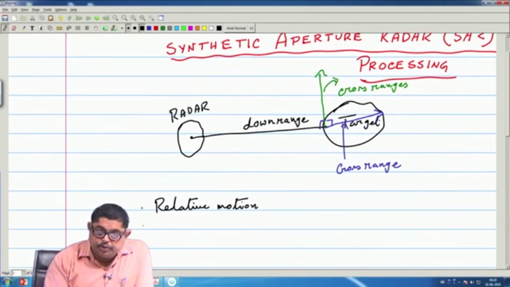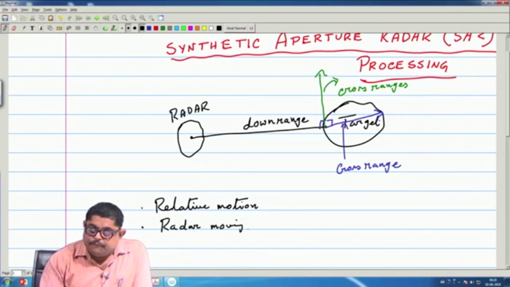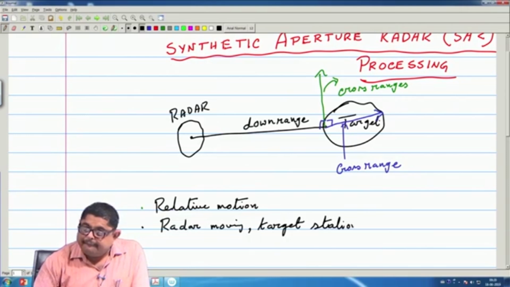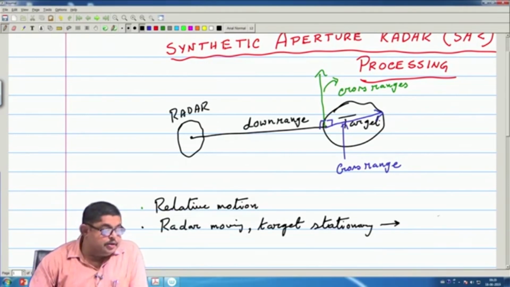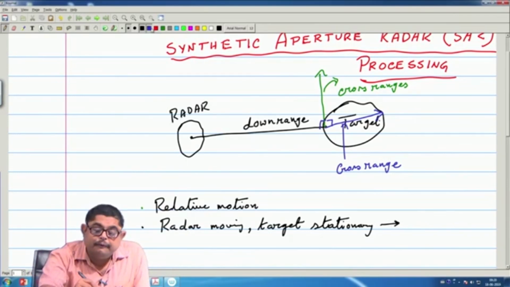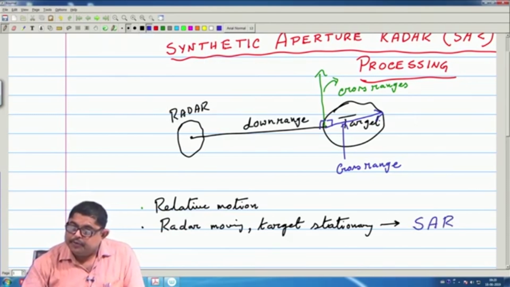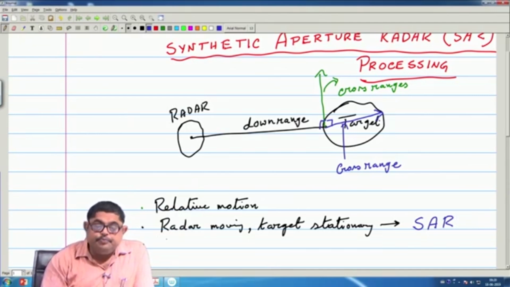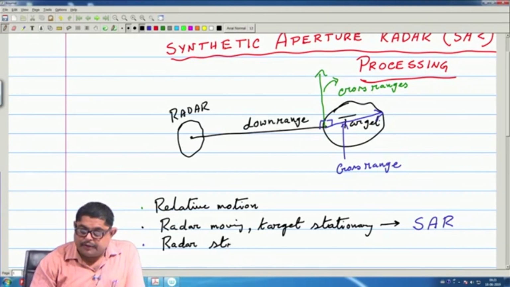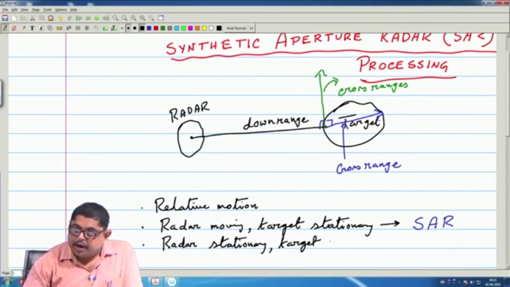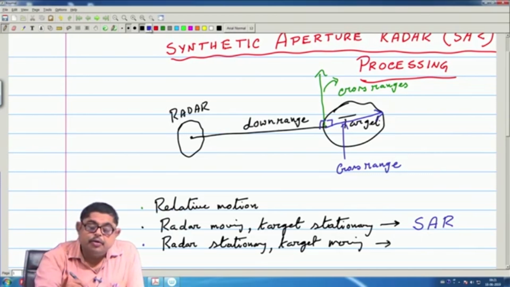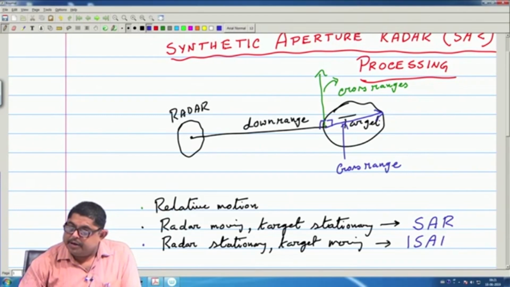If the radar is moving and the target is stationary, then that is called SAR, and if you have the opposite, that the radar is stationary and the target is moving, then the technique is called inverse synthetic aperture radar, ISAR.